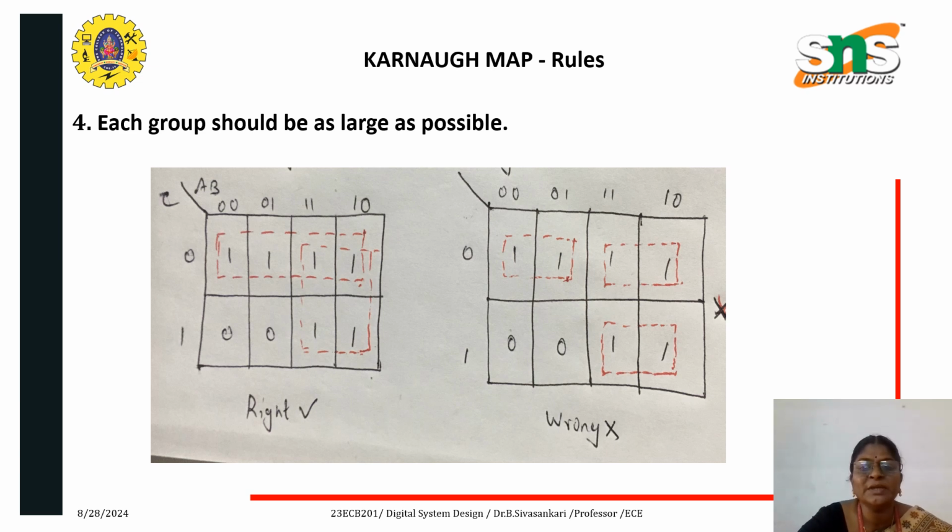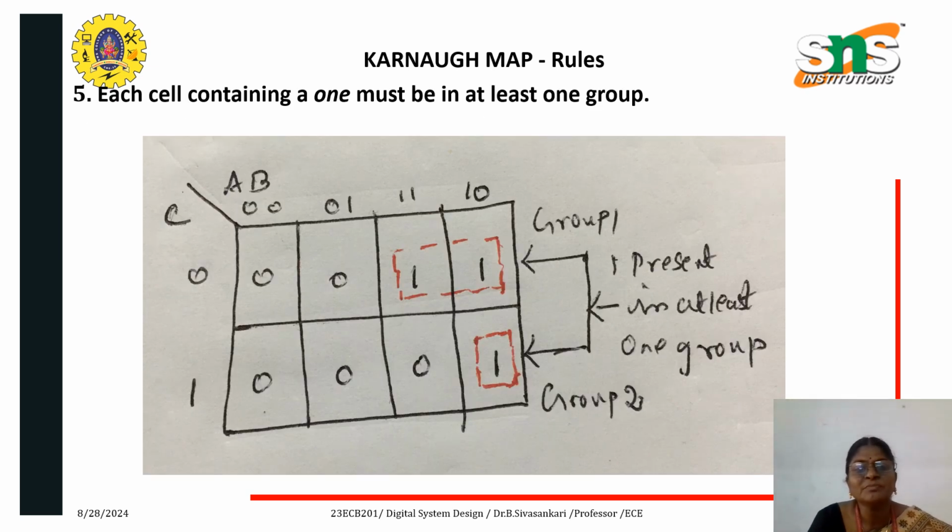If not, then we come to the quad, if any 4 adjacent ones are there. Only if there is no octet and quad do we choose a pair. We should not go for multiple pairs; instead, we can group an octet or quad if it is available. That is what is given here.